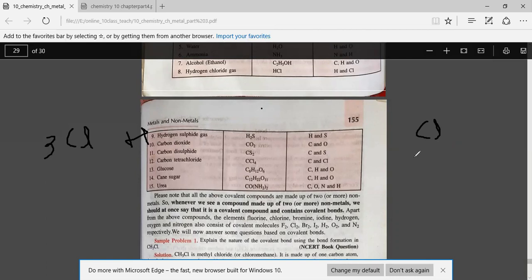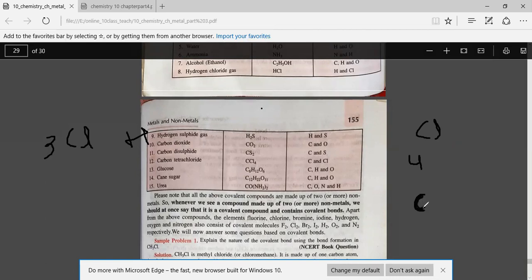So we require 4 electrons, 3 for chlorine and 1 for hydrogen. So we require 4 electrons to complete the octet of chlorine as well as of the hydrogen. So this carbon will make it possible.